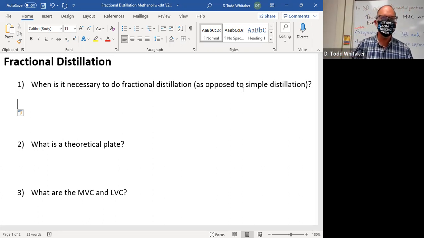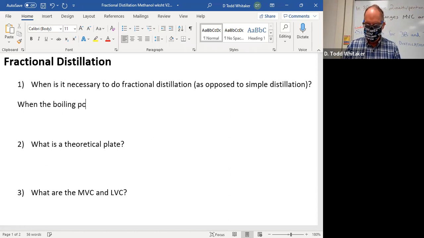And we have guaranteed that we have an even greater distance between the boiling points by changing the chemicals in experiment 3D. So, when is it necessary to do fractional distillation? When the boiling points of the liquids, let's just be general, are close.